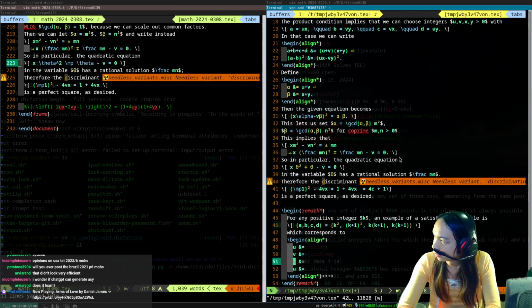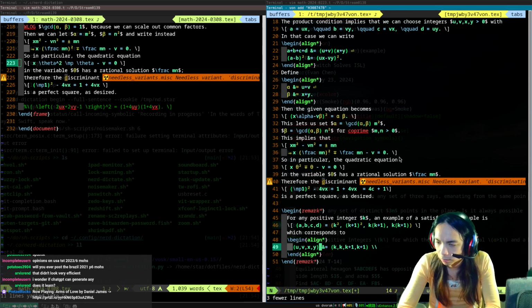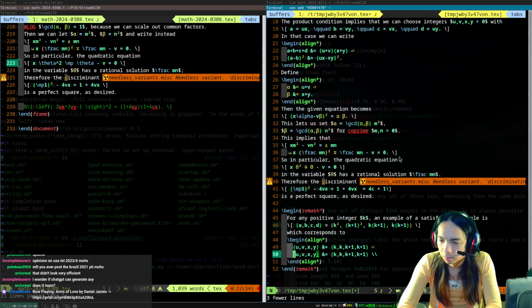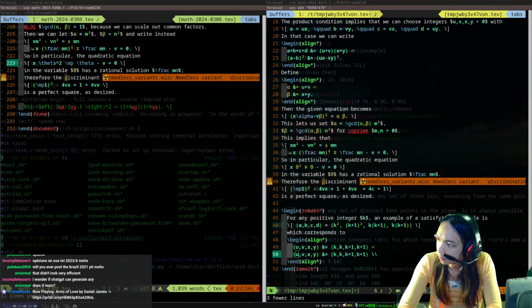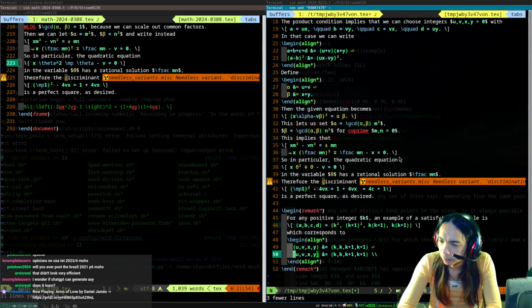Okay, U, V, X, Y in this notation are what? K. Oops. And then when I do this, am I getting this right?